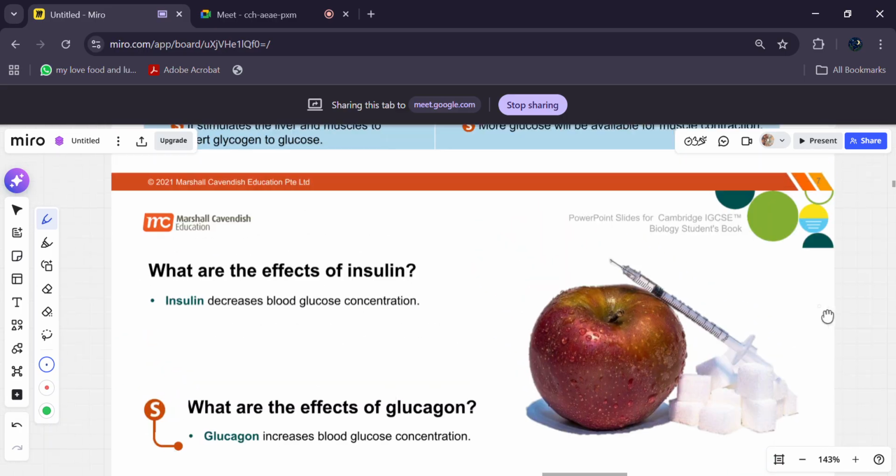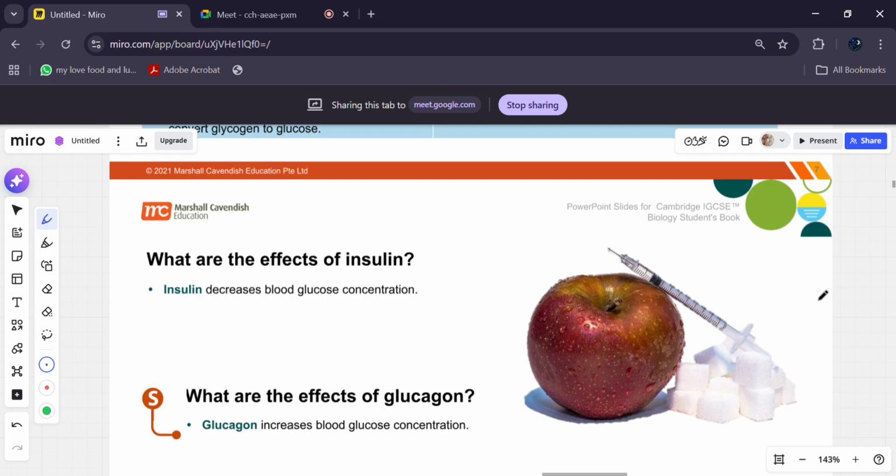Now, what is insulin? What are the effects of insulin? Insulin is a hormone produced by the pancreas, and it decreases the blood glucose concentration by making the cell membranes more permeable to glucose, so that the glucose can be absorbed into the cells more quickly.